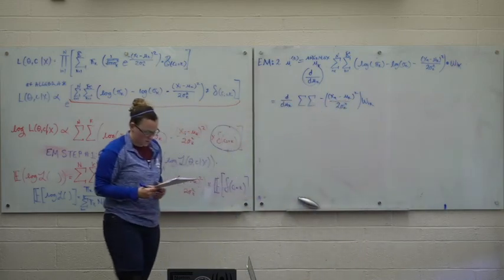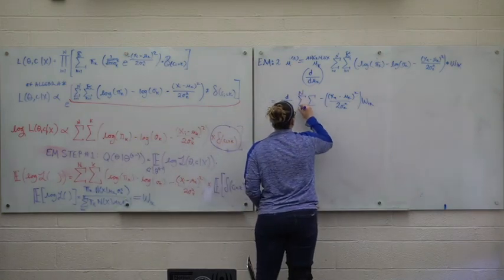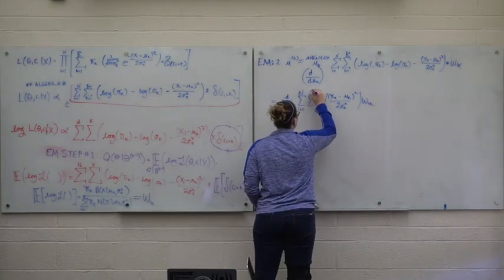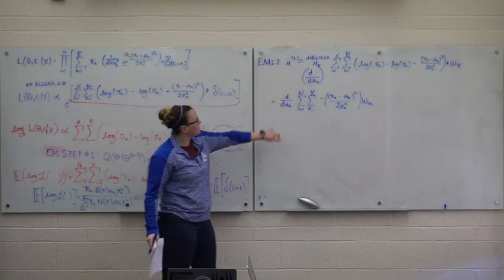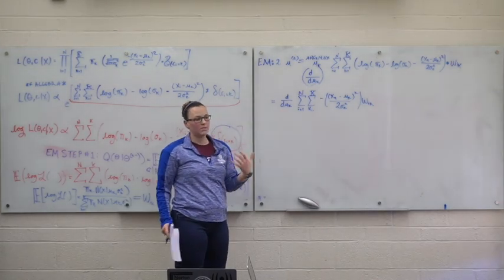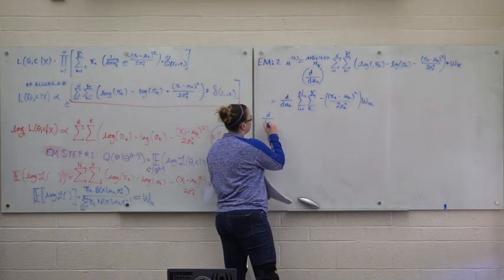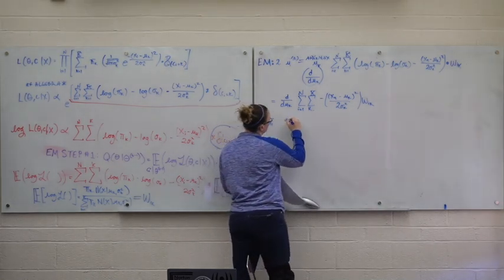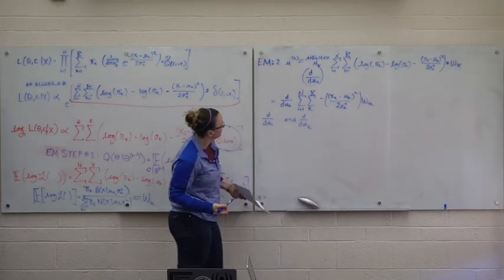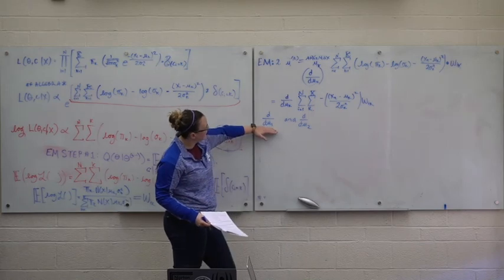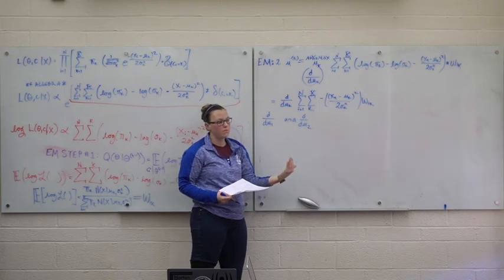Okay? When you take the derivative, let me make sure I get my indices. You're taking the derivative with respect to mu k. So if you think about it, we really want to take two steps: the derivative with respect to mu 1 and the derivative with respect to mu 2. What we would do is take the derivative with respect to mu 1, set it equal to 0, and find the result for mu hat 1.